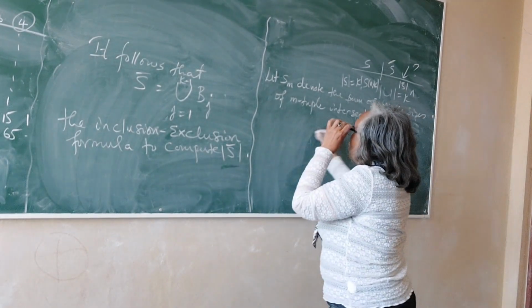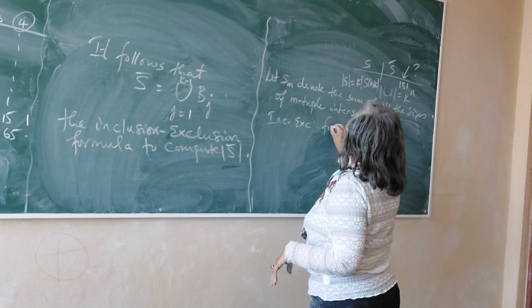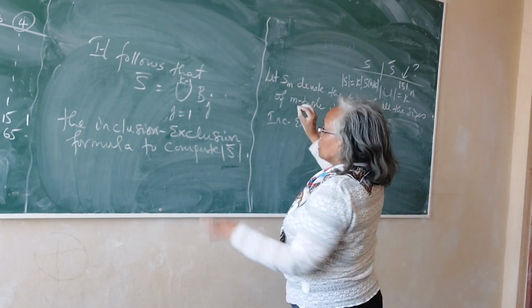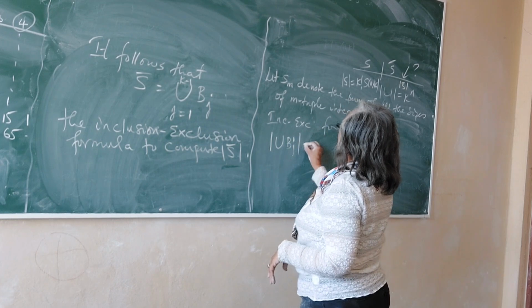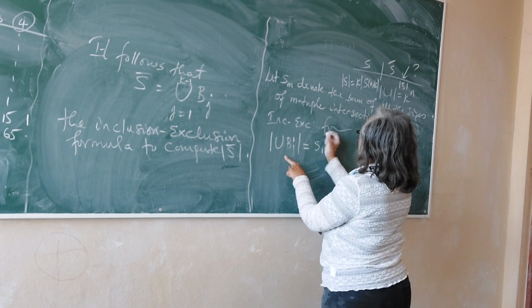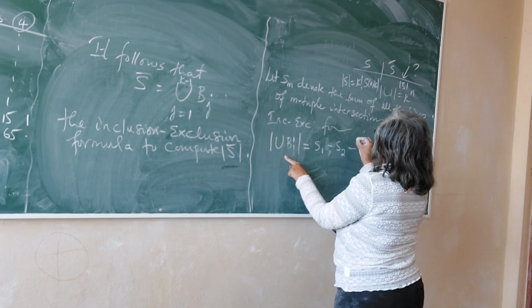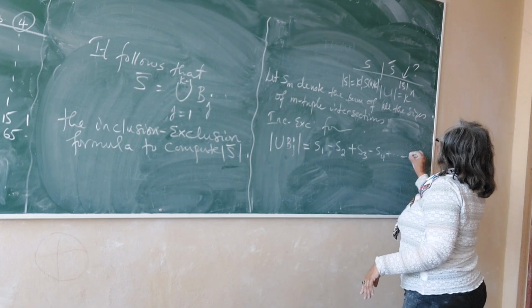Now, the inclusion-exclusion formula says the size of the union of the Bj's is nothing but S1 minus S2 plus S3 minus S4 and so on.